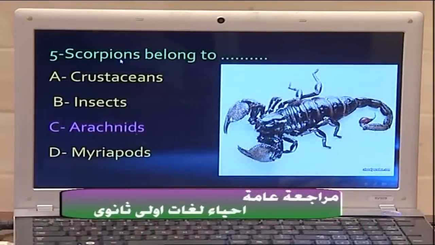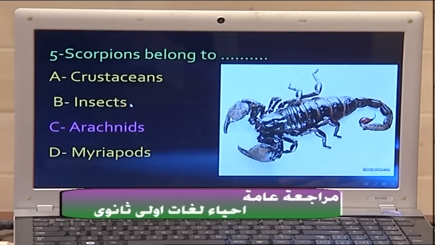So if we look at the question, we find the scorpion with the spider also related to arachnida. Arachnida is completely different from insects. Insects contain 3 parts of the body: head, thorax, and abdomen. But arachnida contain cephalothorax and abdomen.